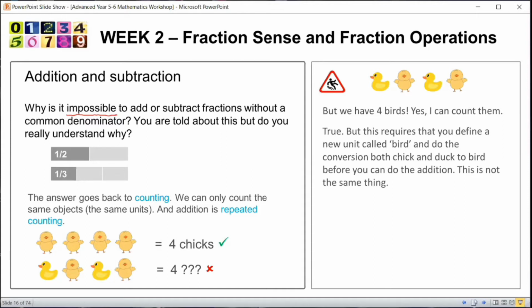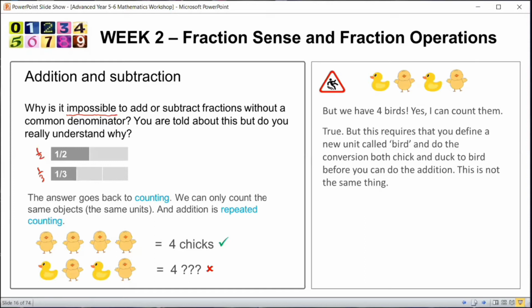You are told about this already, but do you really know why? Just look at the picture that I've got there. So I got half here, and I got 1/3 there.